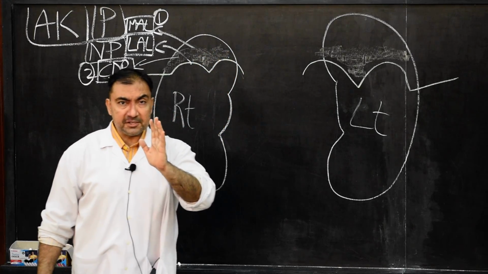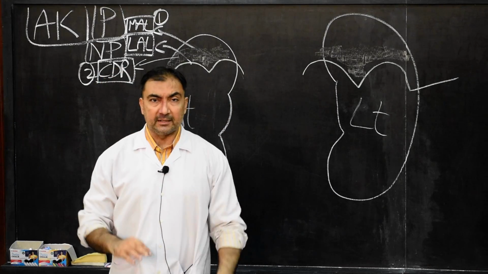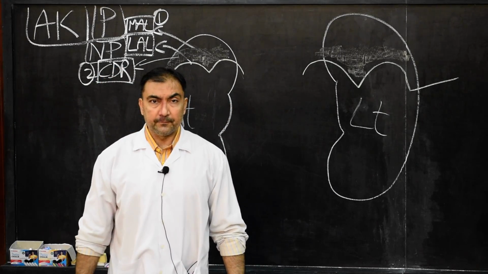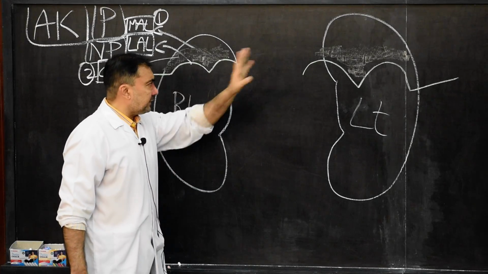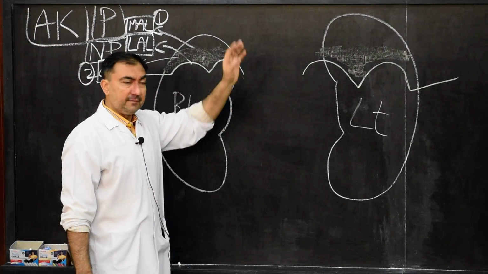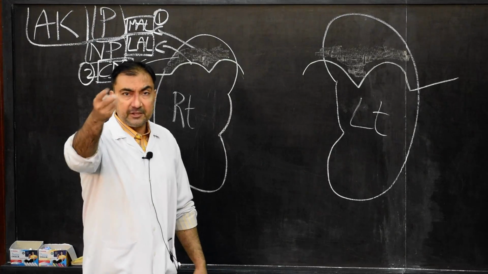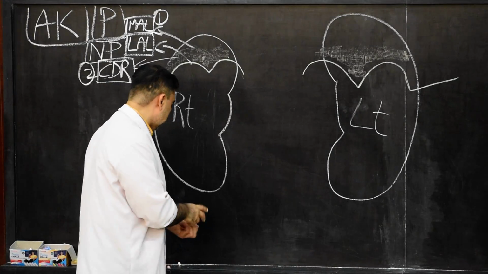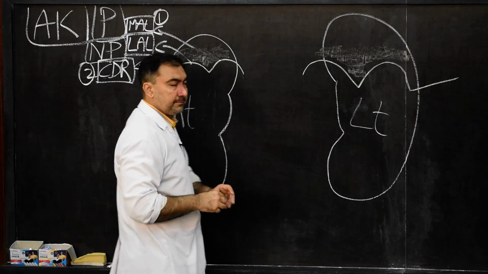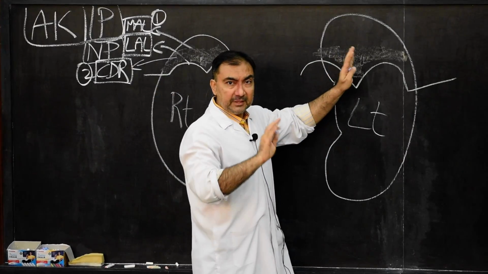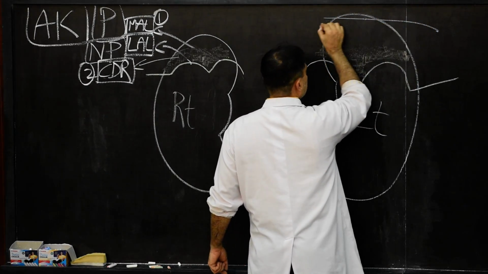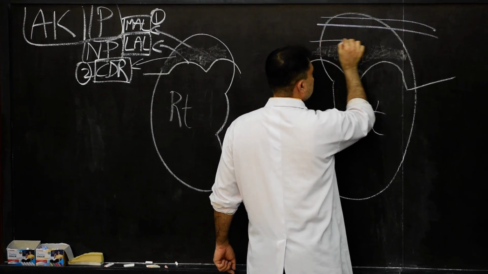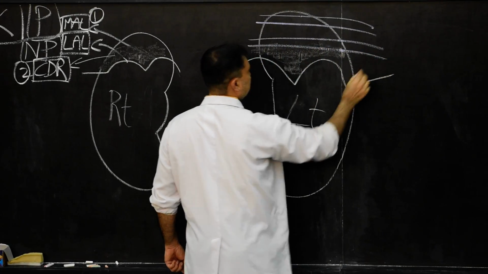Third point, the relations of the upper part of the posterior surface of the kidneys with respect to the ribs. Now many times this question is very important. It is asked in MCQs. The left kidney, since it is at a higher level than the right one, is related with 2 ribs, the 11th and 12th rib. So therefore here, if I draw both the ribs, I hope it is visible, yeah. So here, I shall draw, this is 11 and this will be 12.